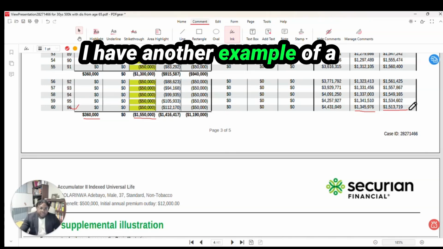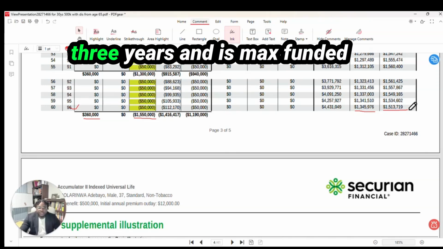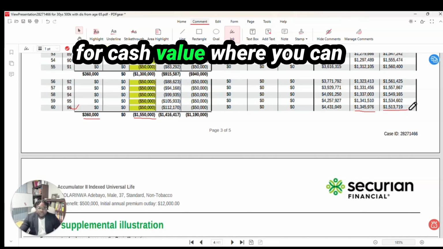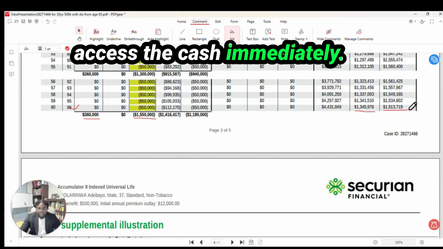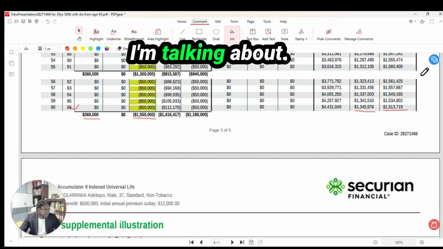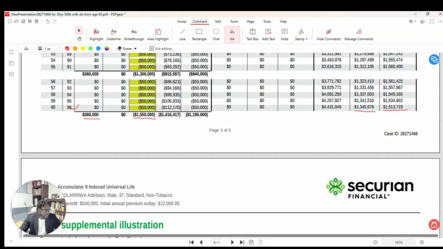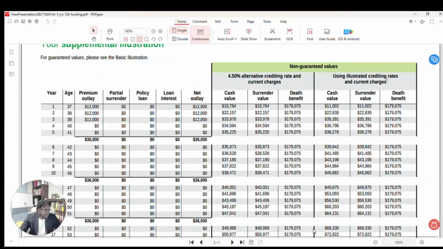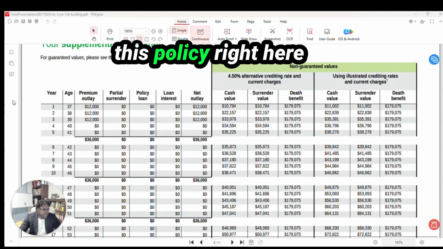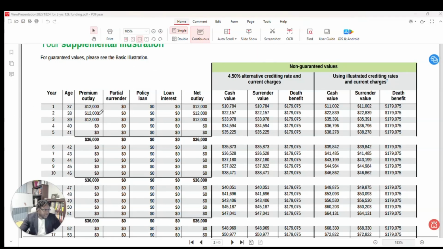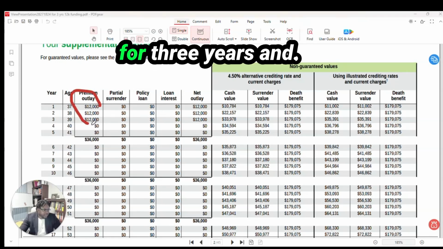Now, this policy is not really max funded for maximum cash value. I have another example of a policy that's max funded in 3 years and is max funded for cash value where you can access the cash immediately. I'll show you what I'm talking about. So, this policy right here was only funded for 3 years.